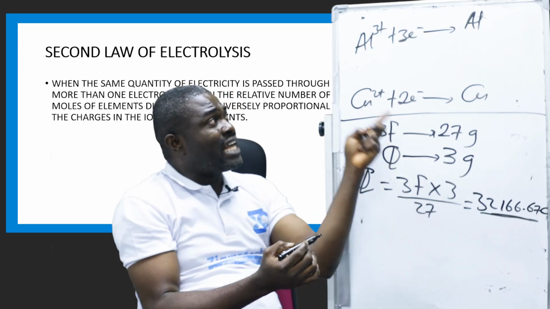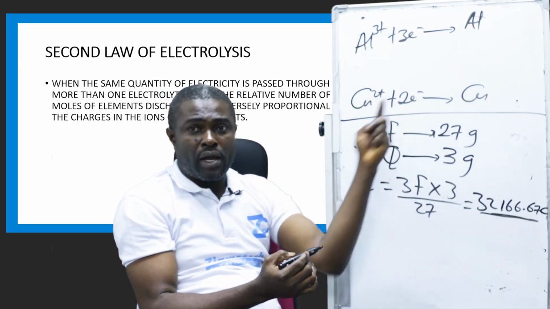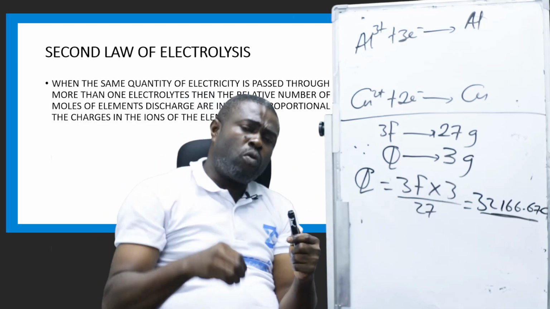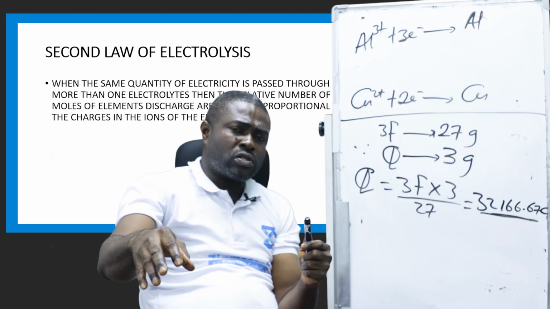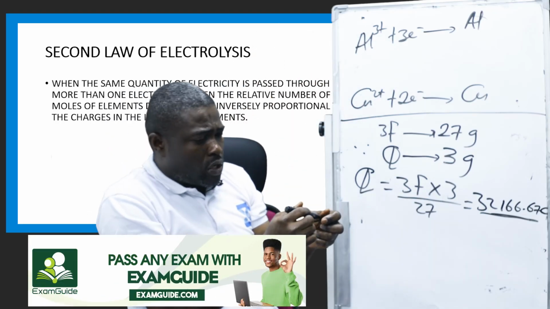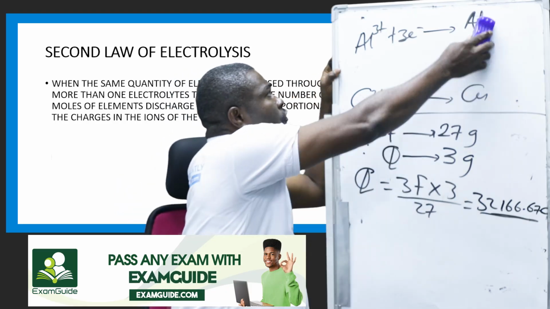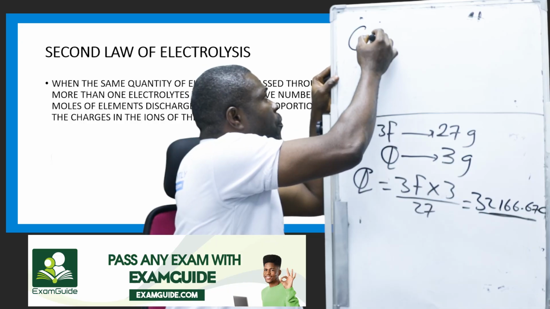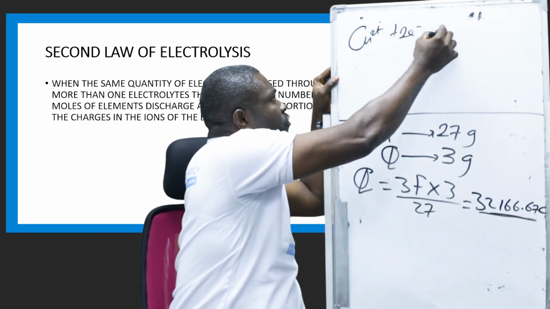So from here now, they're asking you to calculate the mass of copper. So if you can remember that the same quantity of electricity is passed across, then this question is solved. What do you come up with? The ionic equation of the copper. Let me write it again. I will come up with the ionic equation, which is copper 2 plus 2 electrons to give me neutral copper.